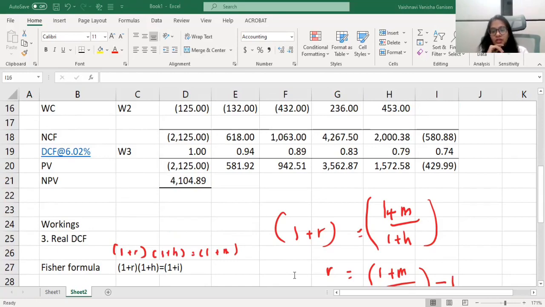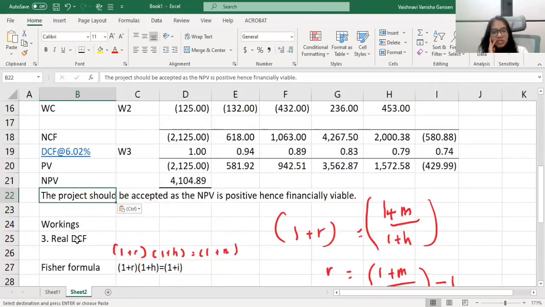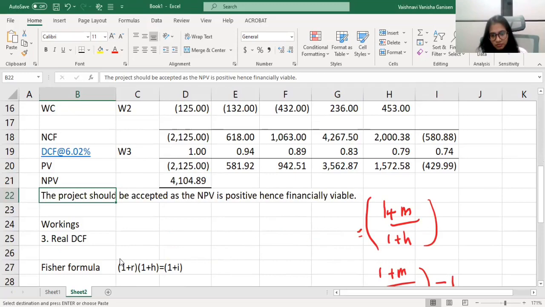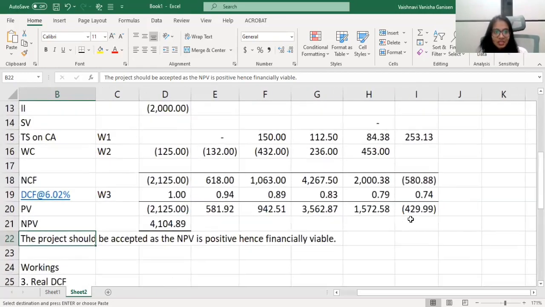Okay, so if no other things for you to do, you can conclude from here that the project NPV is still positive, so you can accept the project. So you just copy and paste the answer here. Okay, guys, I'm going to erase all these because it looks a little bit messy, and I'm going to show you the bird's eye view of this.